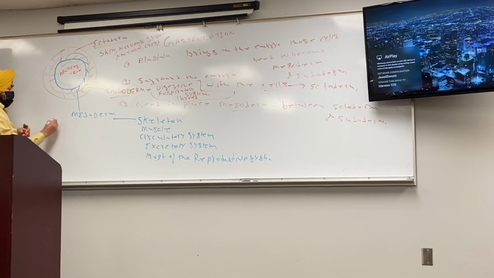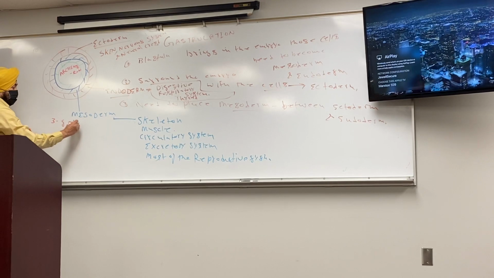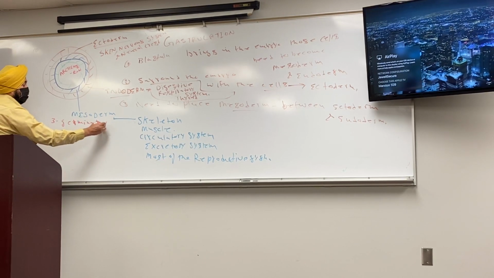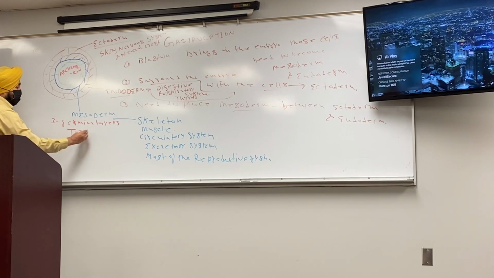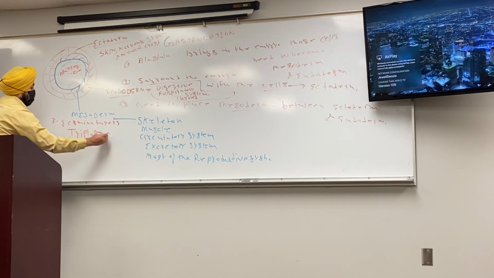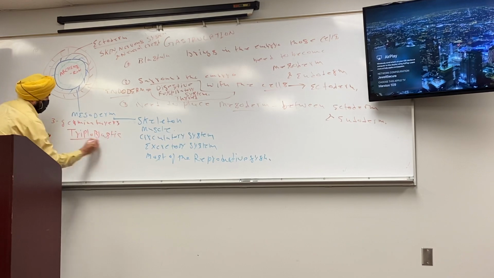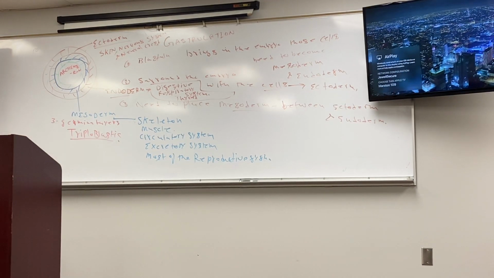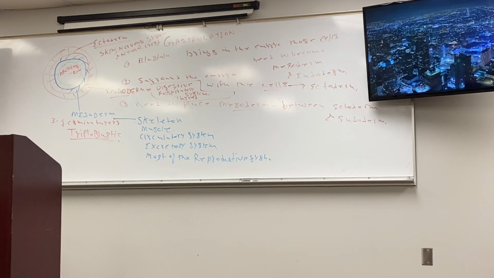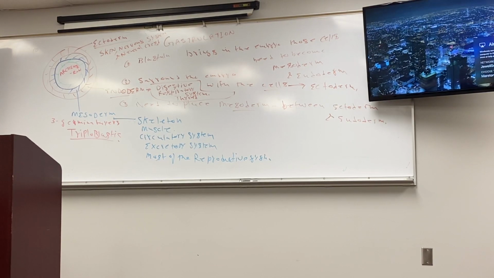So there are 3 germinal layers, and this is called triploblastic. So we are all triploblastic animals because we originate from 3 germinal layers, okay?